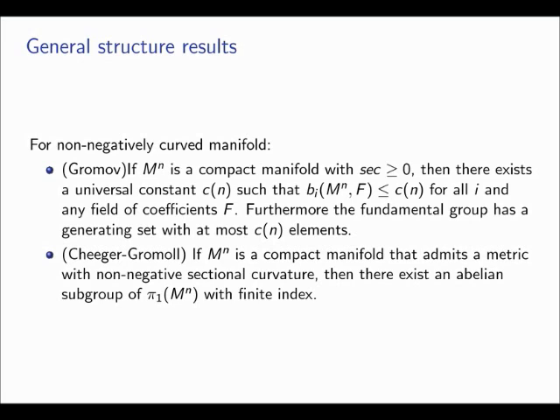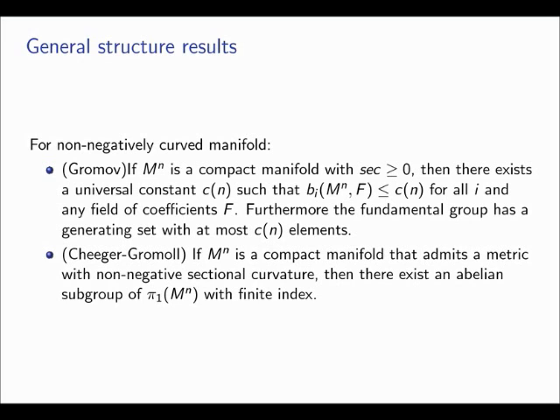Finite index means that you have a subgroup in pi1, and then you look at the quotient of pi1 over the subgroup, and the quotient is actually a finite group. The size of the quotient is called the index of the subgroup. So you see, pi1 cannot be very complicated because we already have the classification for abelian groups. This means the fundamental group is quite simple.